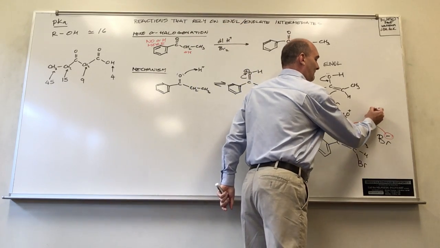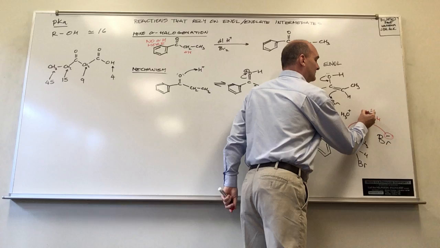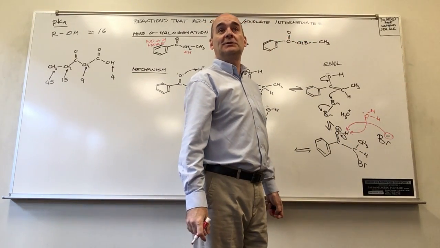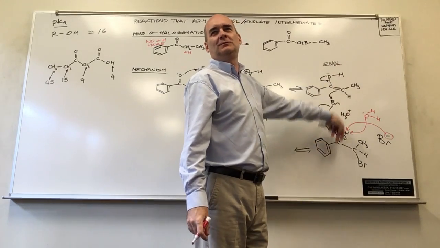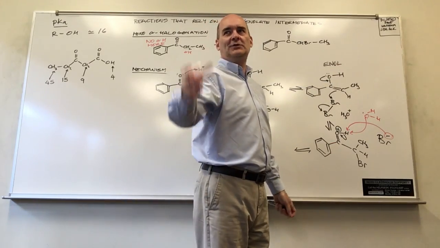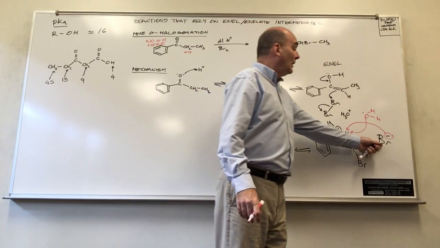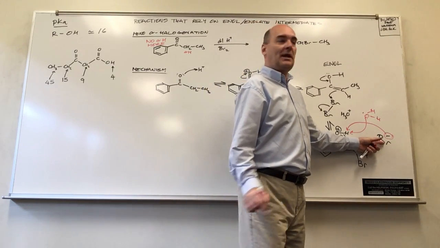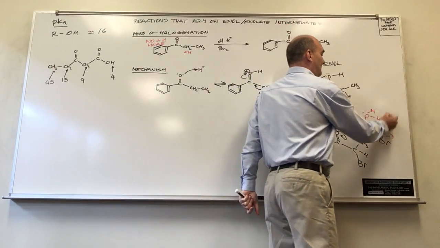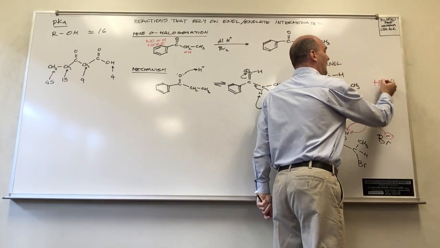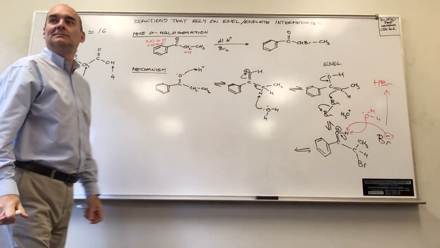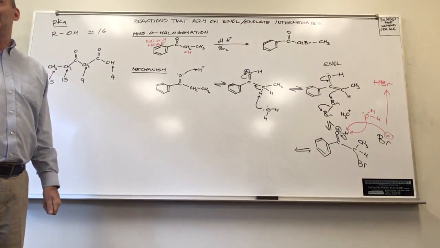Because we're in acid. It's actually going to be a molecule, most likely a molecule of water, that does it. I don't ask you to show all of those little details. Cannot be this. Cannot be that. Because that would make HBr. And what do we know about HBr? It's an acid.